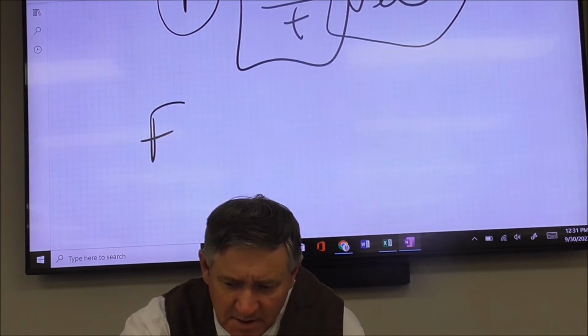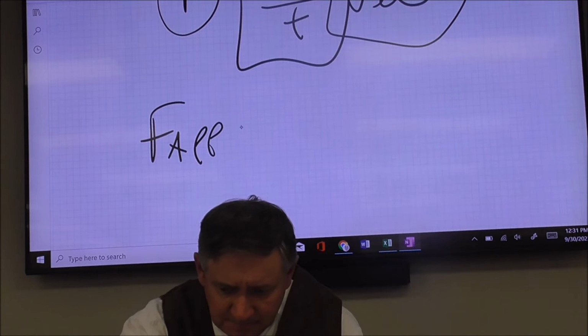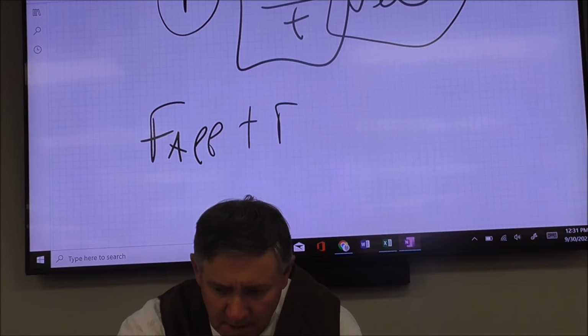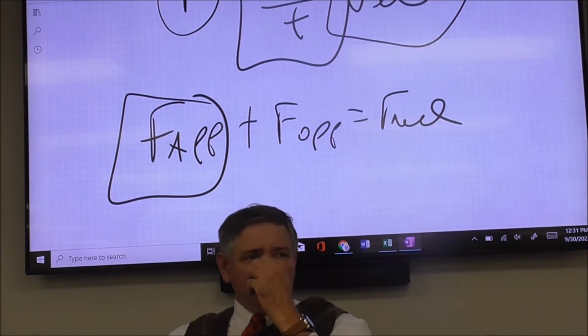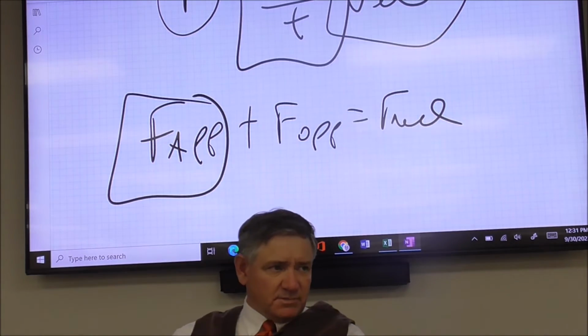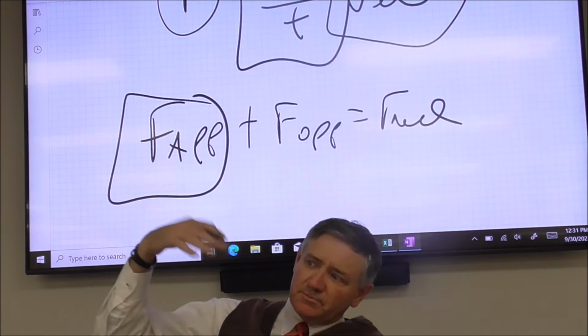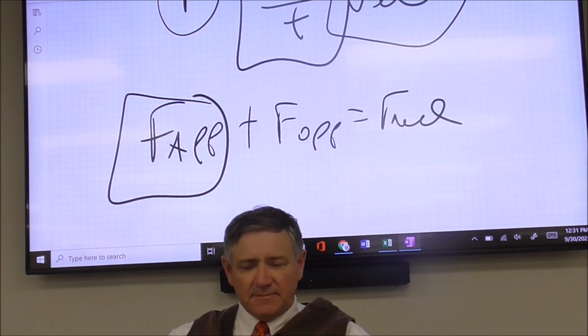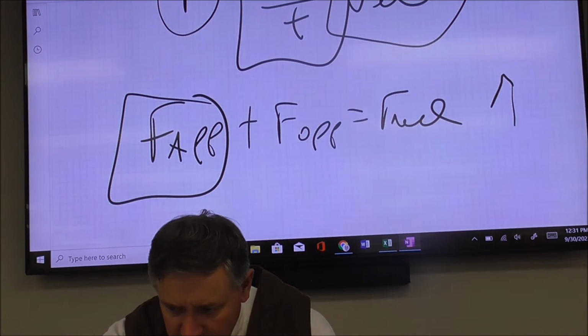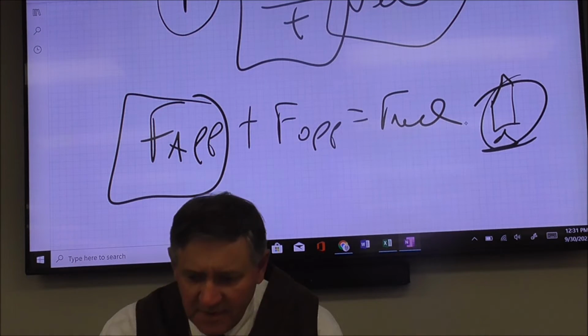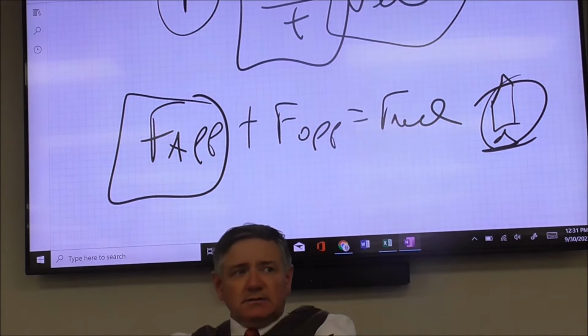So if you look at the idea that force applied plus force opposing equals force net, okay? The rocket engines are pretty much a constant force. You can vary a little bit, but pretty much that's the same. So as the rocket itself goes up in the air, what do you think happens to the mass of the rocket?